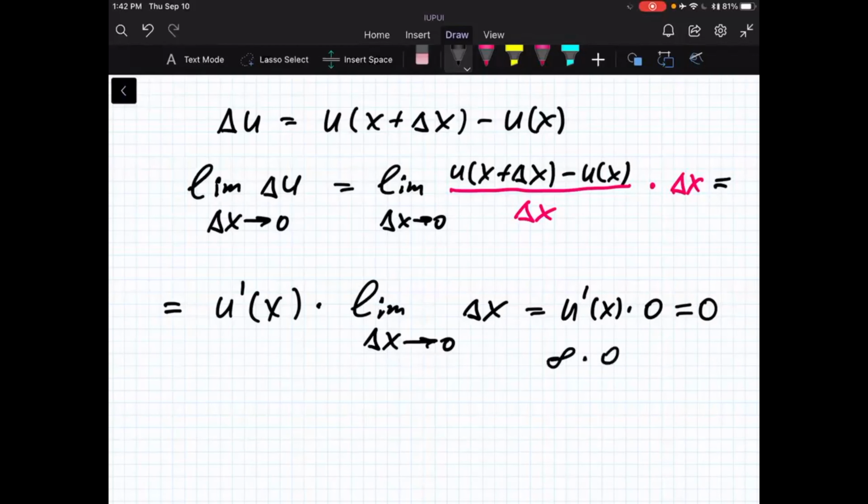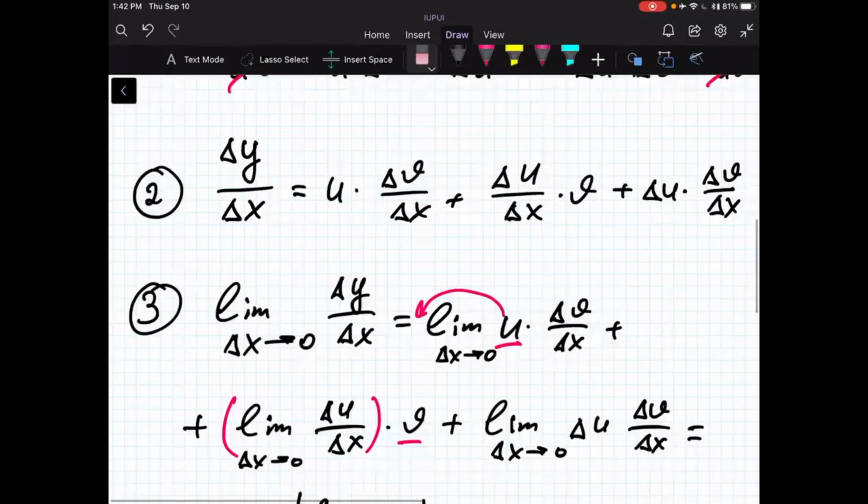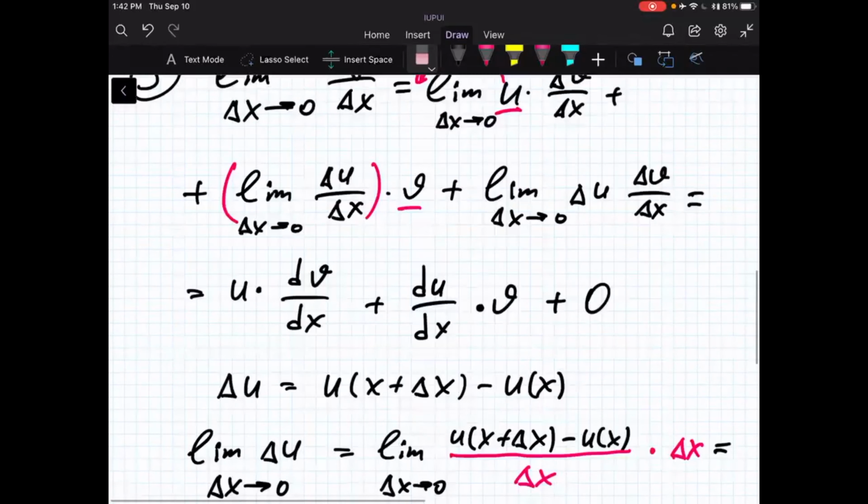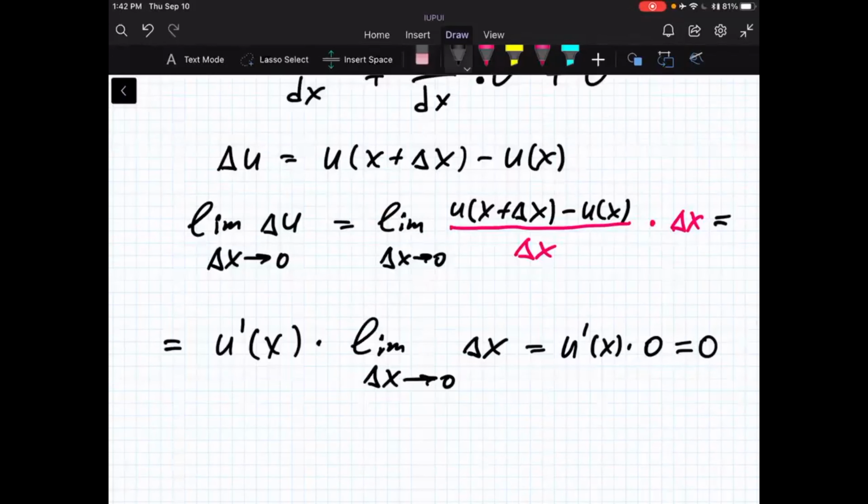But at the beginning, we discussed that functions u and v are differentiable. Differentiable means it's differentiable everywhere for all real values of x. Then we have here no problems. It's some finite number u prime of x times 0, which is 0.